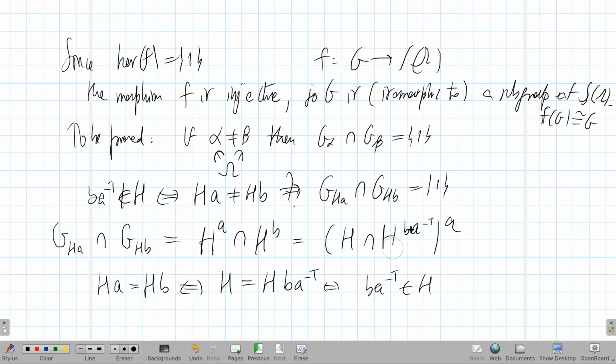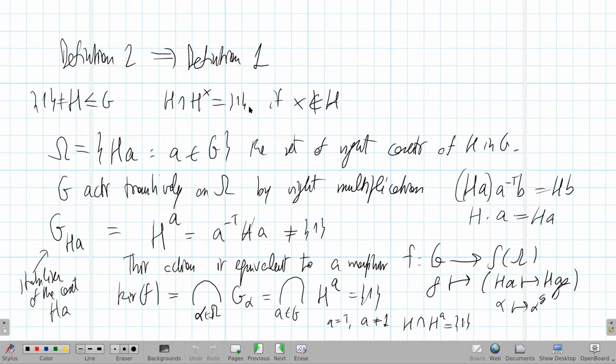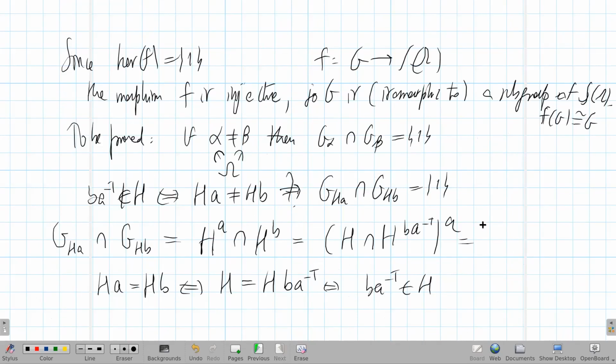And if this is not in H, by the assumption we have here, the intersection is trivial. And if you conjugate the trivial intersection by A, you get 1.